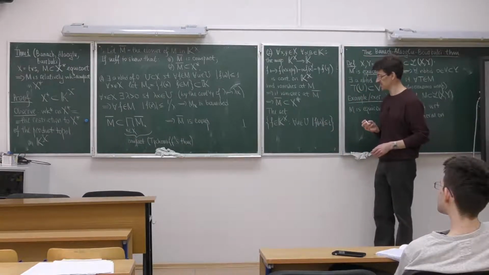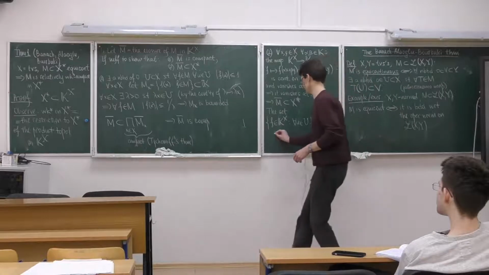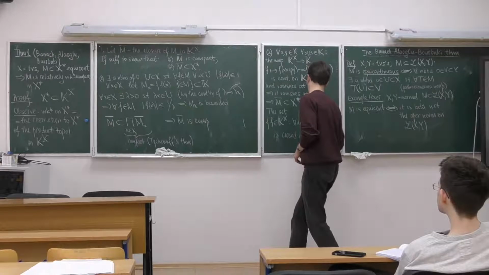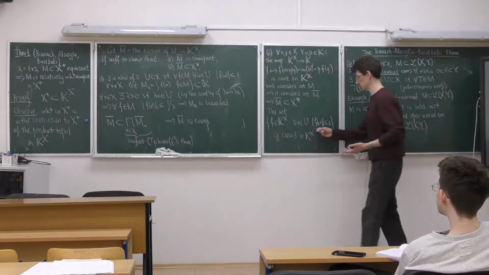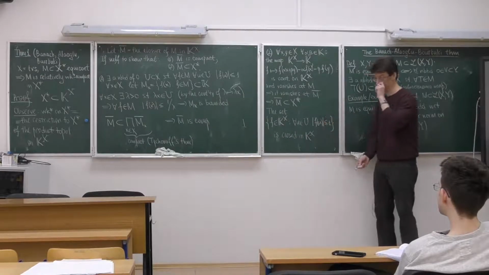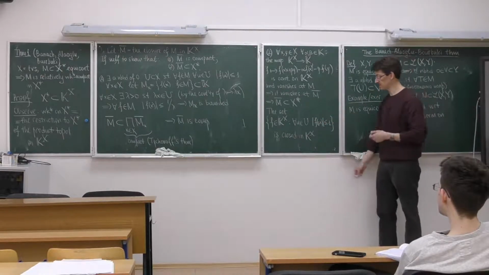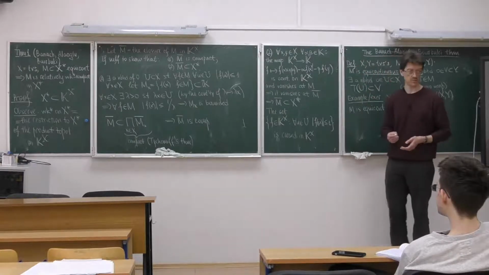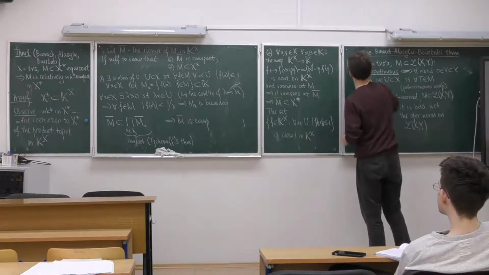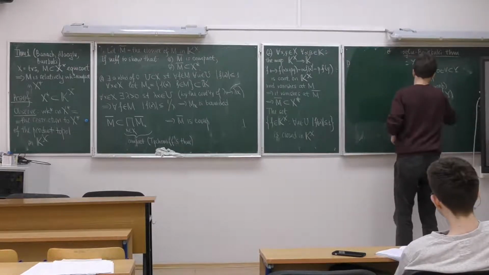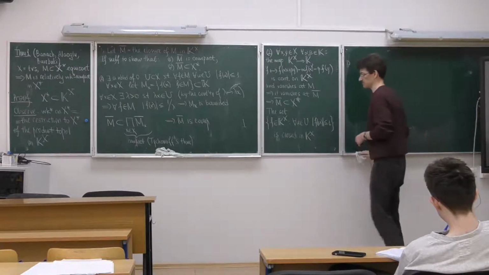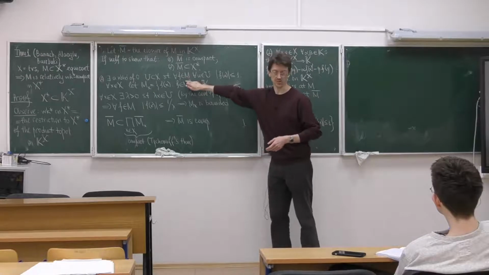Let's observe that this set is closed in K to the power X. It is closed because for each individual u, the evaluation map is continuous for the product topology, and the intersection of closed sets is closed. So it is closed, but on the other hand, it contains M by assumption.